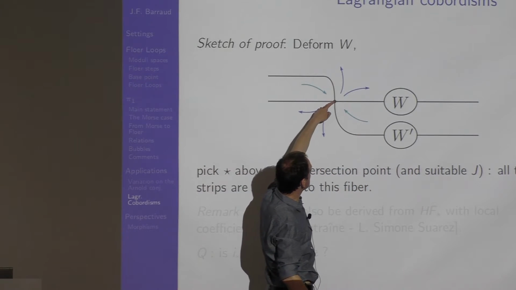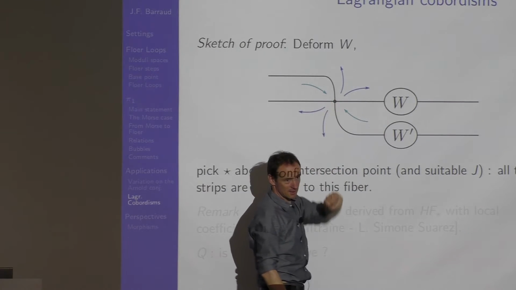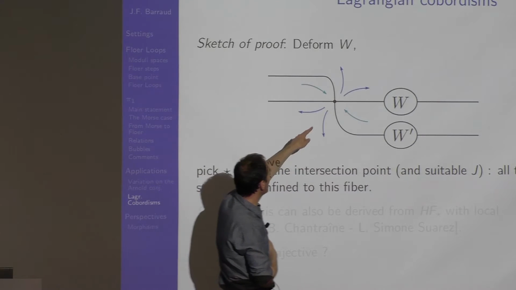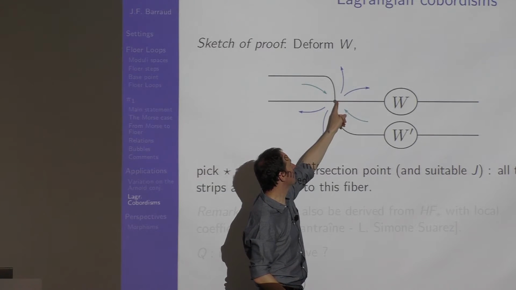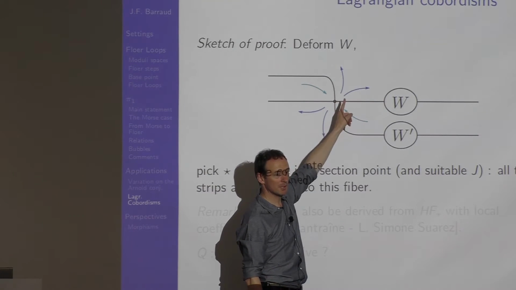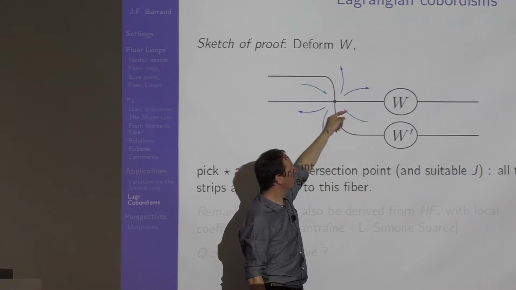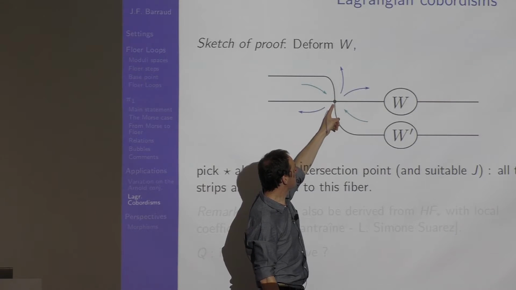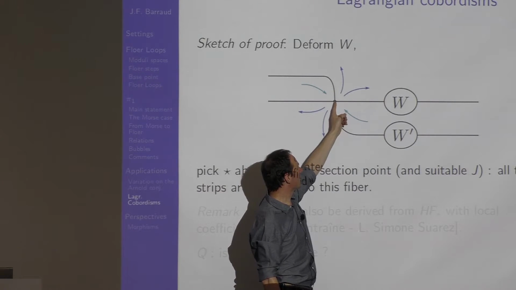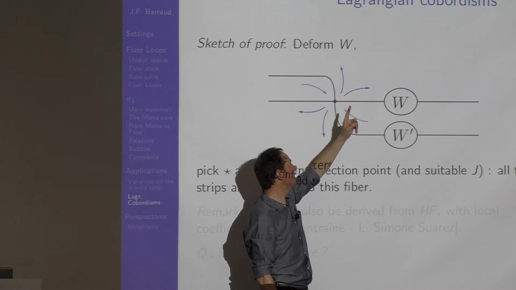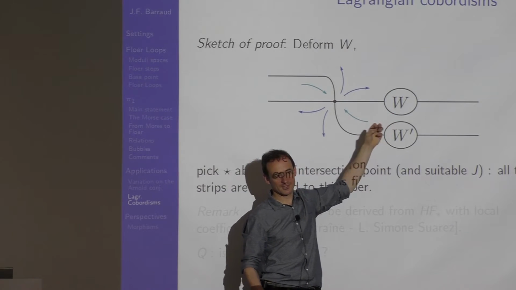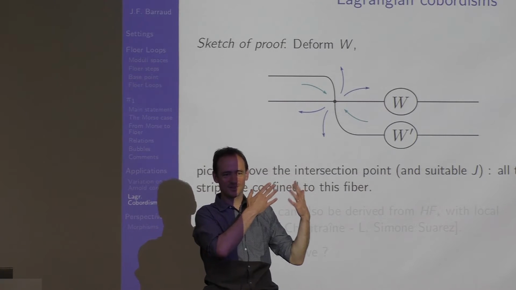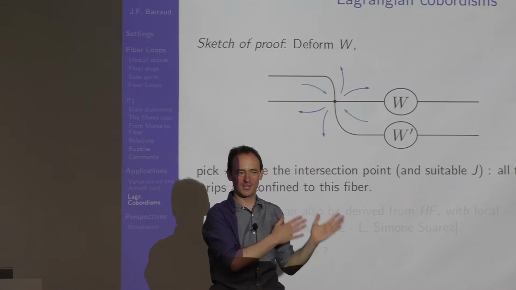So if a strip starts here, it can only stay in the fiber. And this means that above this point, I have just my Lagrangian L minus and a deformation of L minus. So it means that the fundamental group of the fiber and the fundamental group of W have exactly the same generators. Okay, all the moduli spaces I was interested in are exactly the same for L and W.